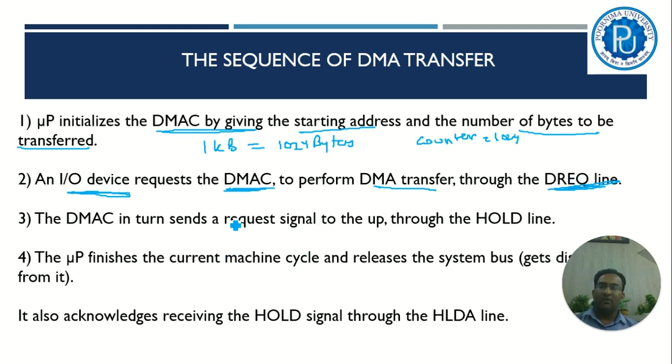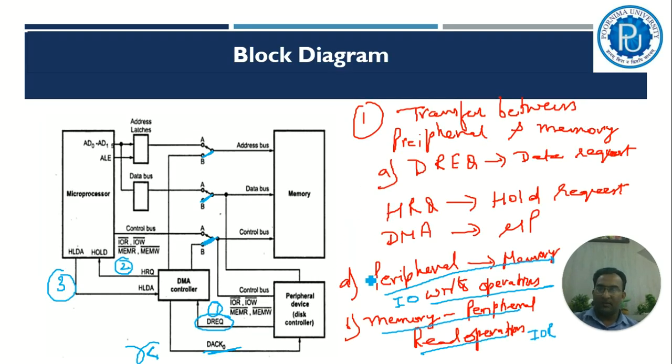After that, the DMAC in turn sends a request to the microprocessor, as shown over here. The peripheral device sends the request to the DMA controller through DREQ. After that, the DMA controller sends the request to the microprocessor through HRQ.